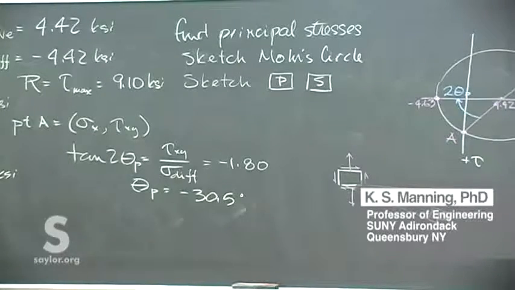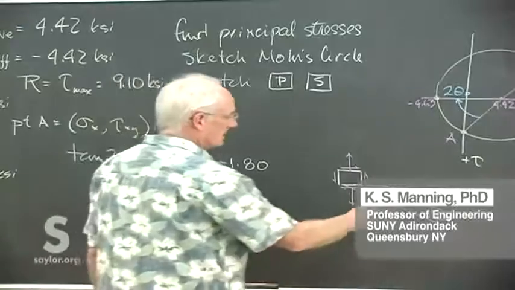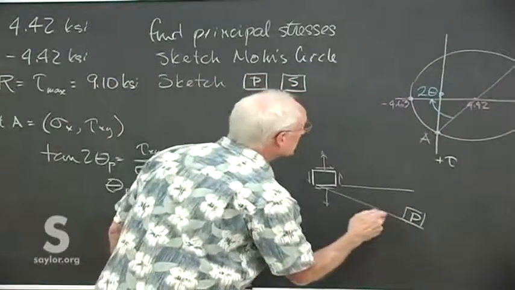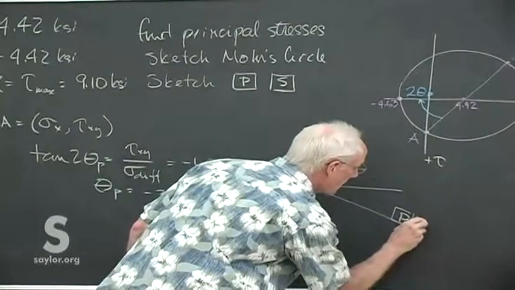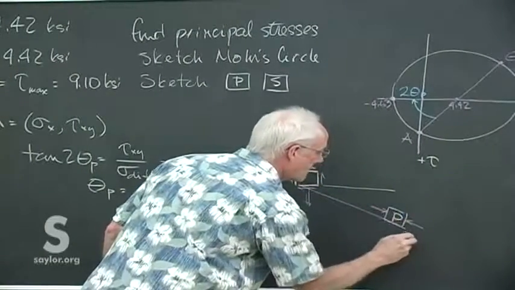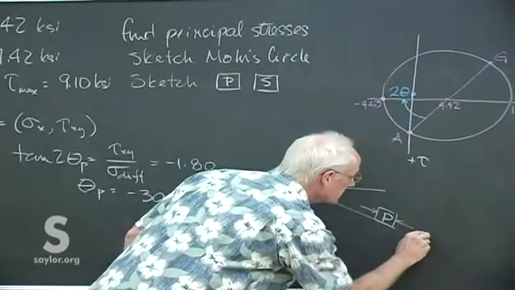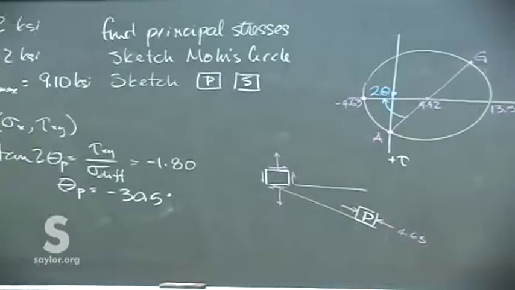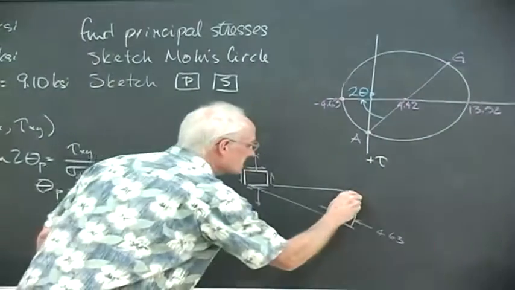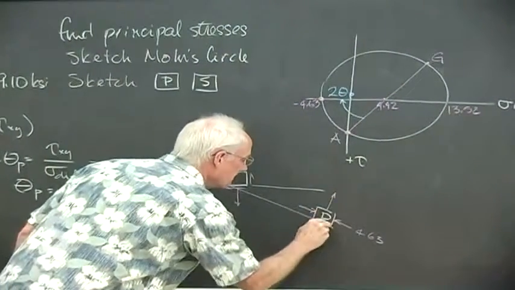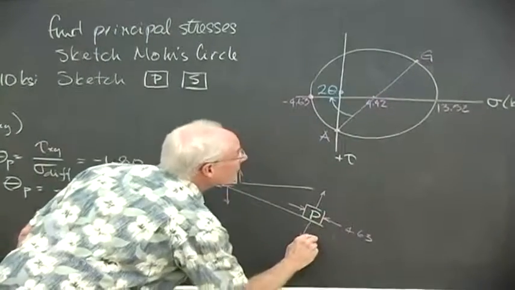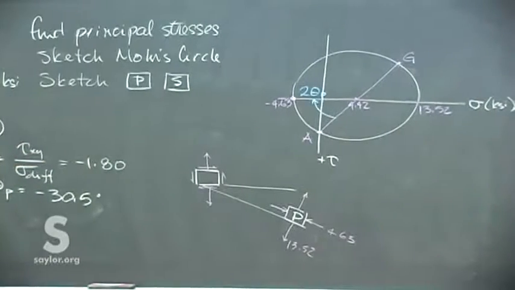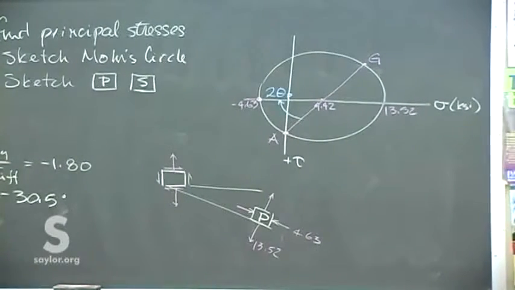And we know there the principal, so that'll give us the X direction, so that's a minus 4.63. The maximum is on the other side. That's in tension, 13.52. All of those in KSI.